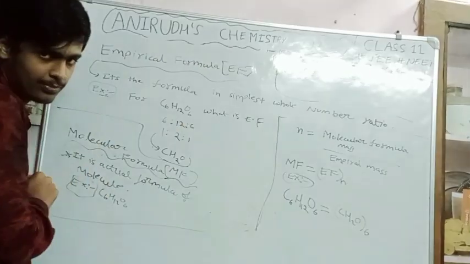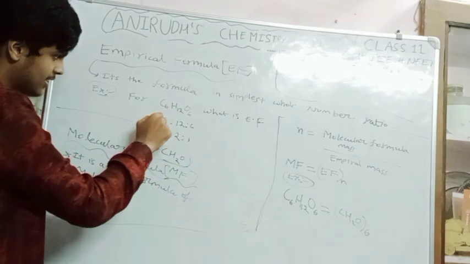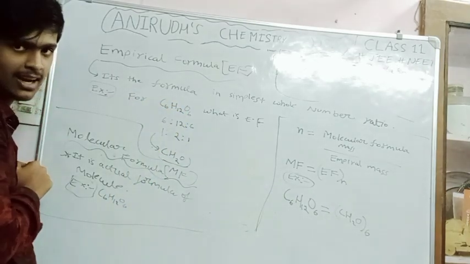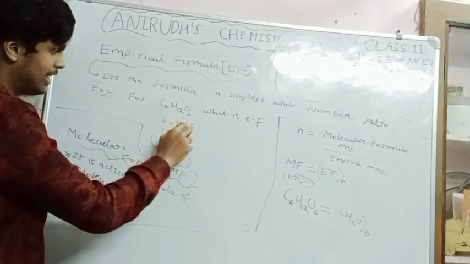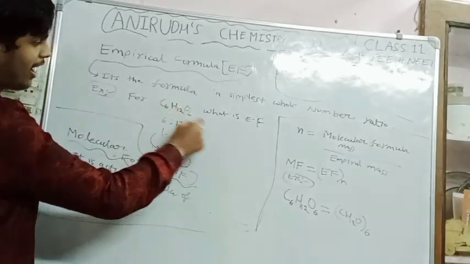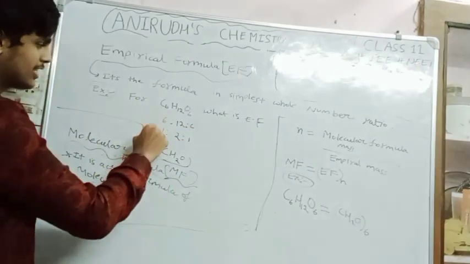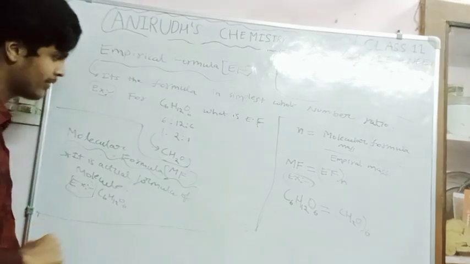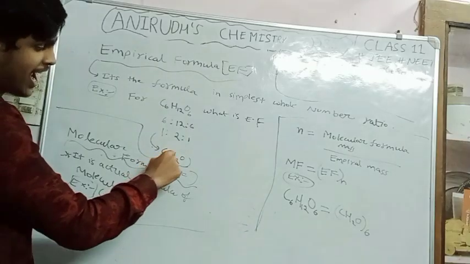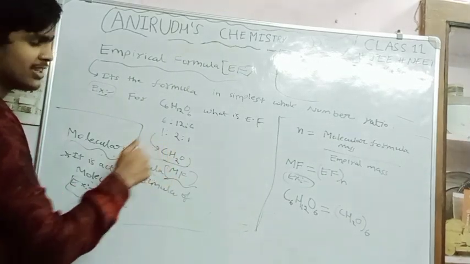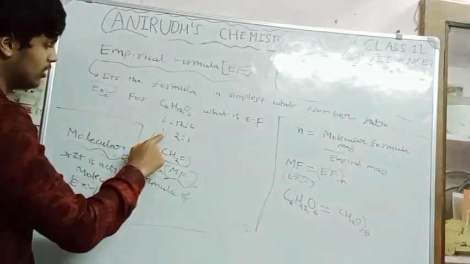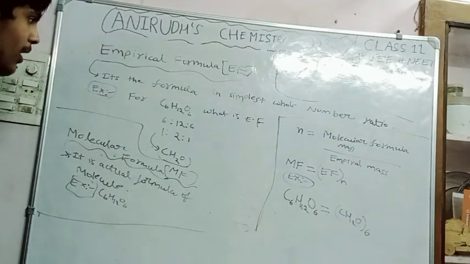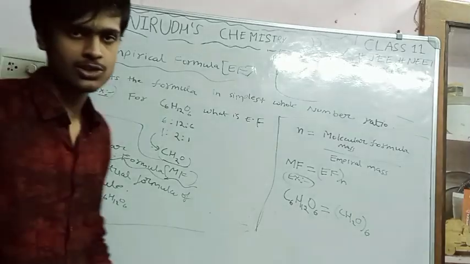Carbon has 6 atoms, hydrogen has 12 atoms, oxygen has 6 atoms. So 6 is to 12 is to 6. All can be cancelled with the 6 table, right? 6 1s are 6, 6 2s are 12, and 6 1s are 6. 1 is to 2 is to 1 ratio. So it's C1H2O1. Instead of writing 1, you can just omit it. So it's CH2O. CH2O is the empirical formula of glucose.